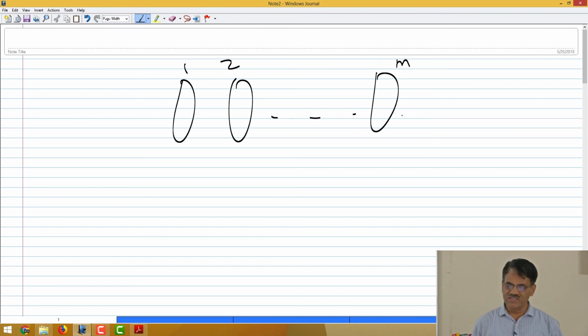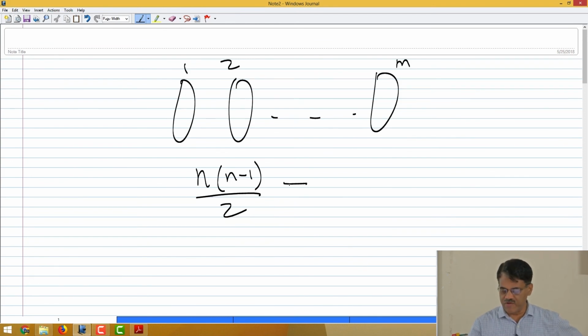Okay. How many edges are there? Well, let us compute. Totally there are n vertices. So, that is n choose 2 edges minus edges inside, right. So, let us say all of them are equal, n by m of them.